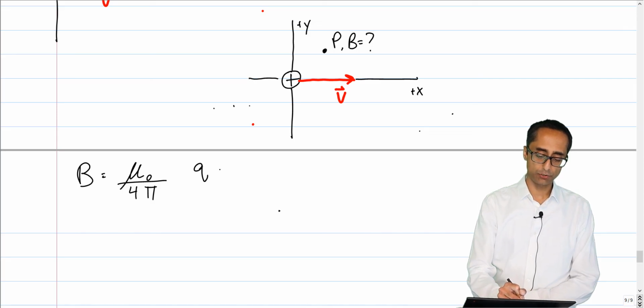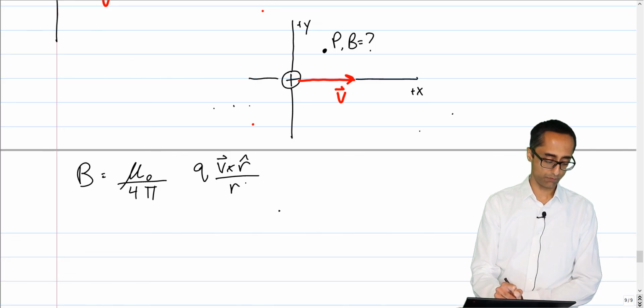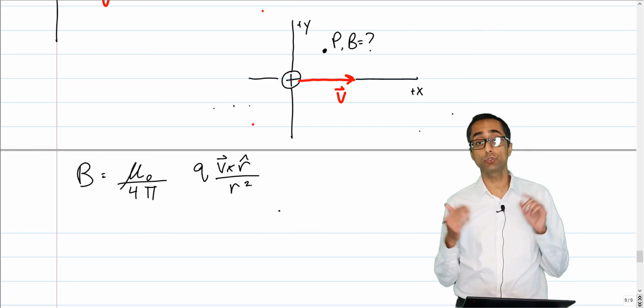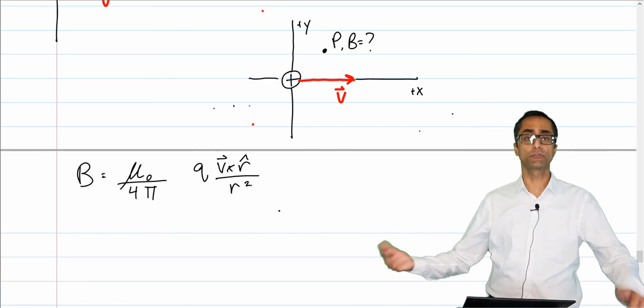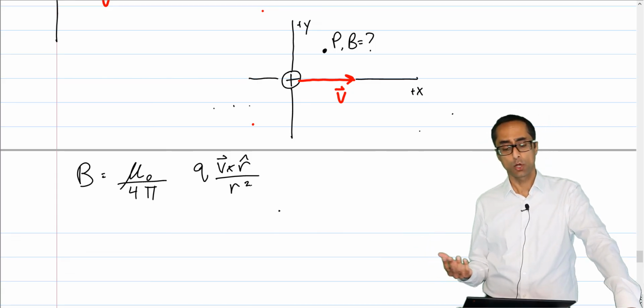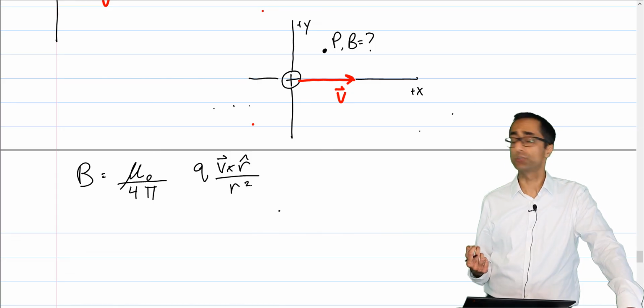And we've got our Q, that's our charge, V, our velocity, we're given that, cross r hat all over r squared. Okay, so we have two steps in this problem. The more difficult is to find the actual magnitude of the magnetic field, and then the other part will be to find its direction.